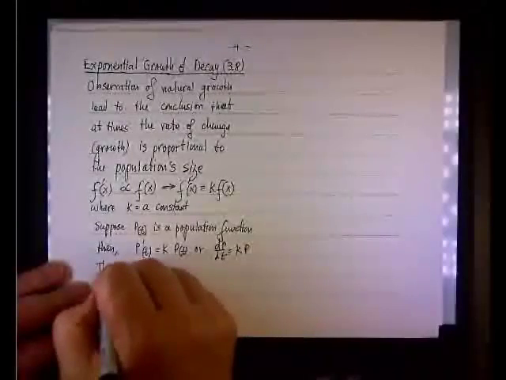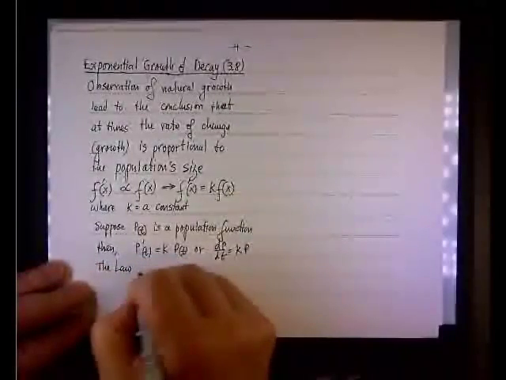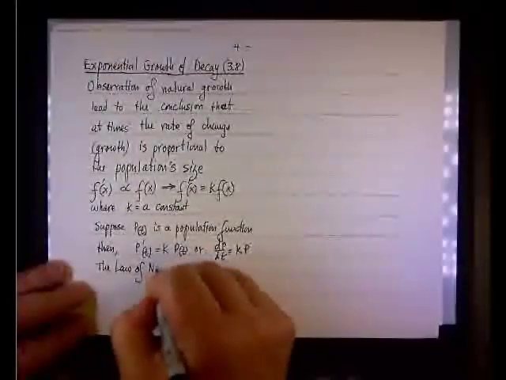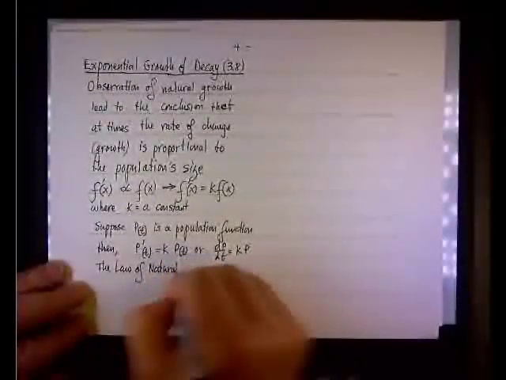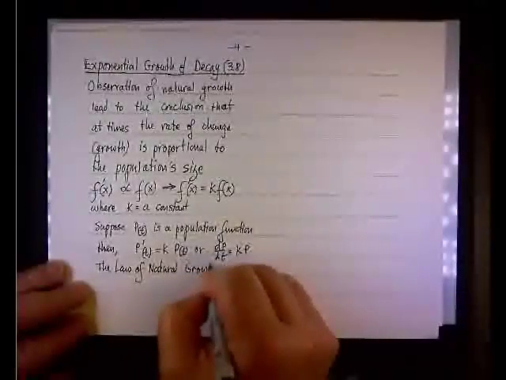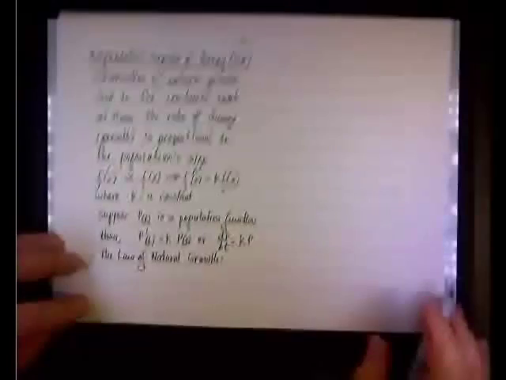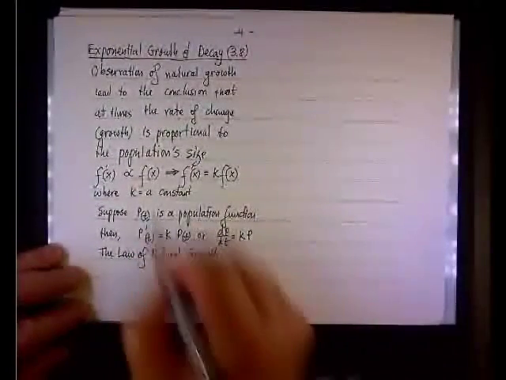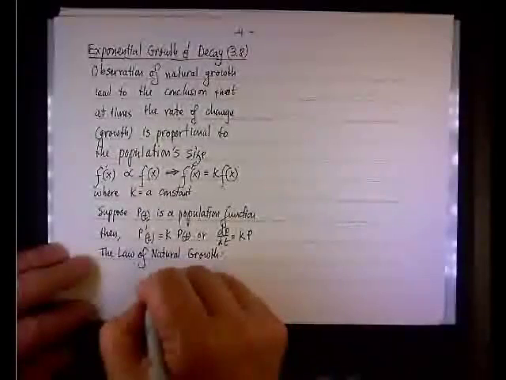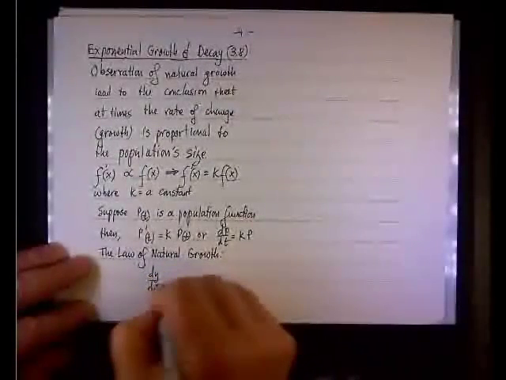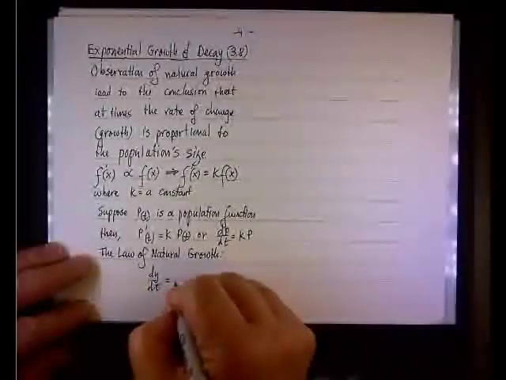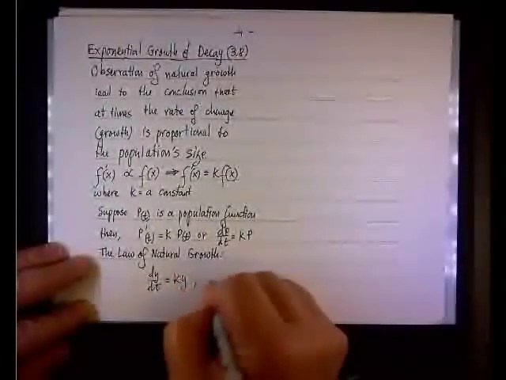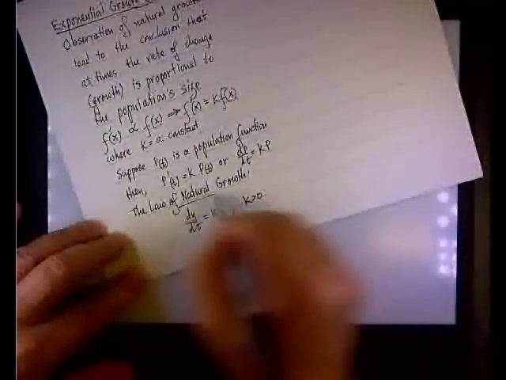And this leads us to something we call the law of natural growth. So basically it's the same thing, but instead of P or F, we're going to say y, and we're going to say dy/dt equals some constant times y, and if we have growth, then the constant is positive.